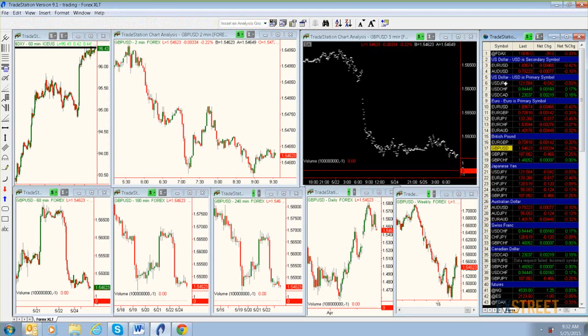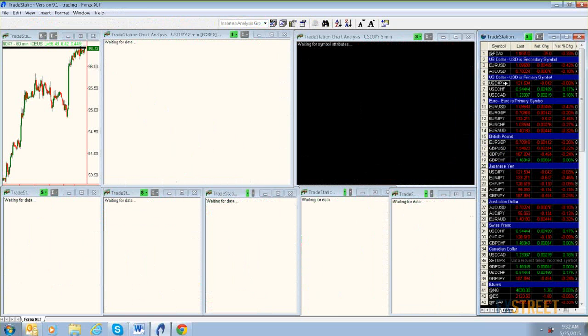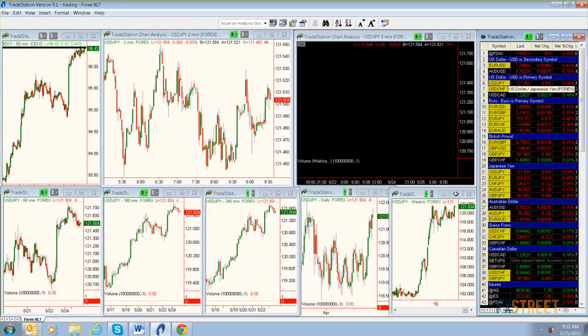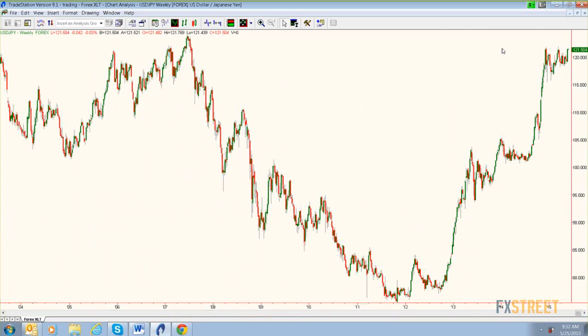What we want to do is see what's above. If we get above that range, what's sitting over here to the left? Just a second and the chart will catch up.